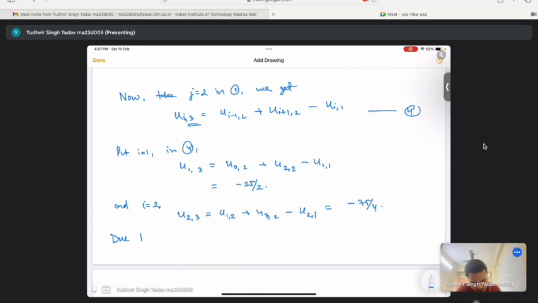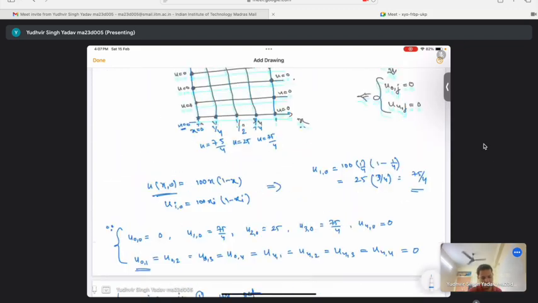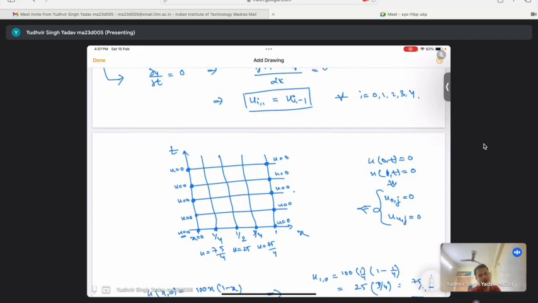And again, due to symmetry, as we have seen here, let us say this is the point of symmetry. So this point and this point are always going to have the same values. Like with this, the value of this will be the same, and for this, the value is going to be the same.